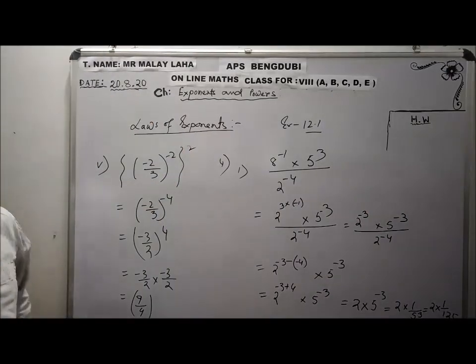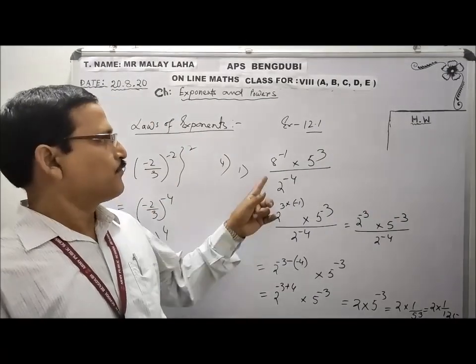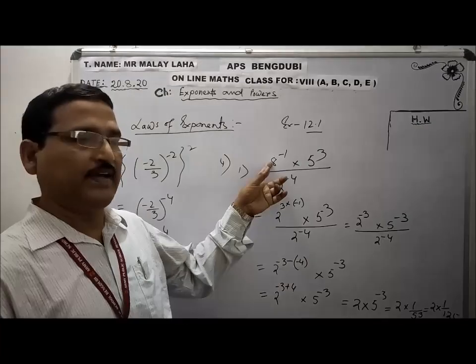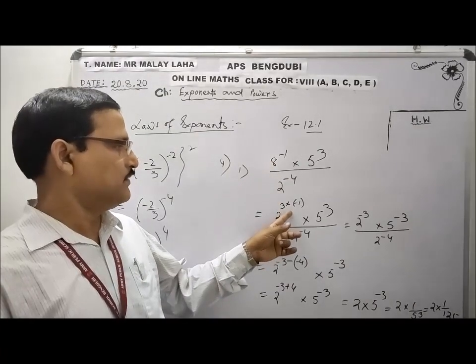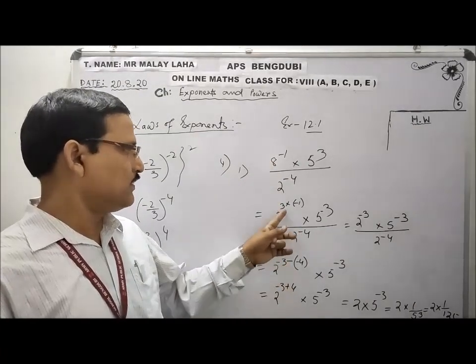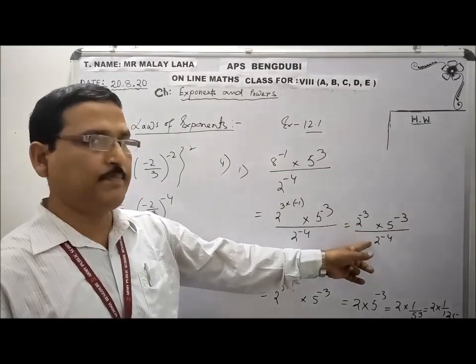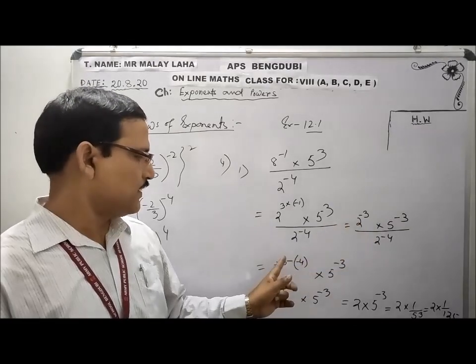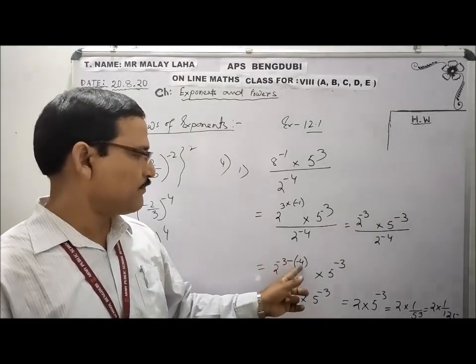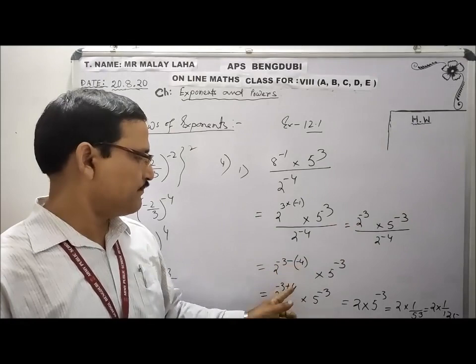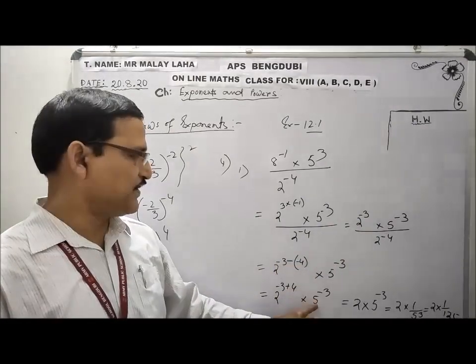If you have any problem, you just go through it. First, you have to split the number in factor form. That you have done, and after that I am getting what? Both the numerator and denominator have the same base, so we have to subtract the power. First power minus second power. Minus minus plus, and I have written here.